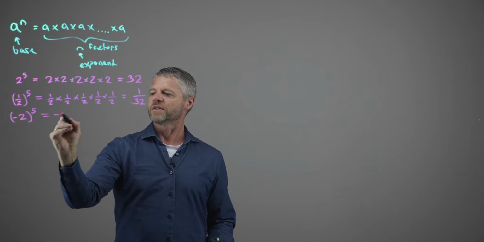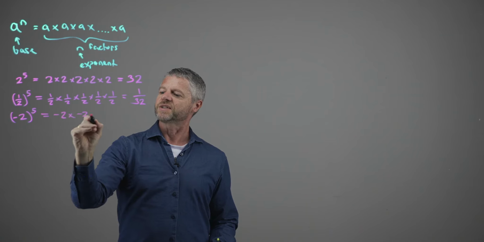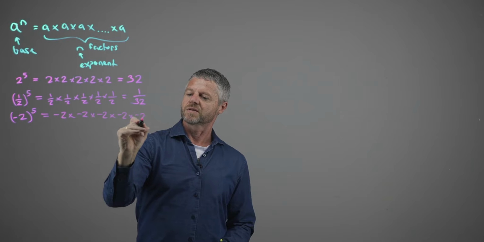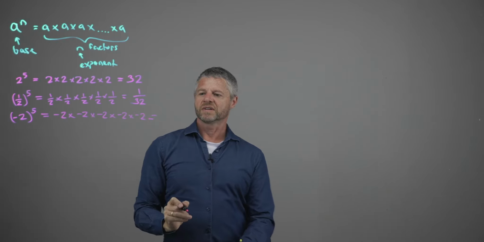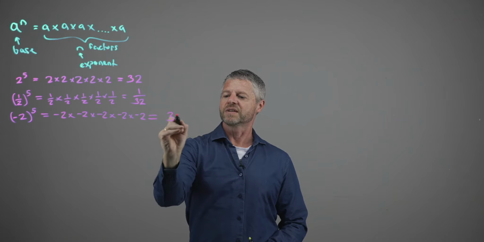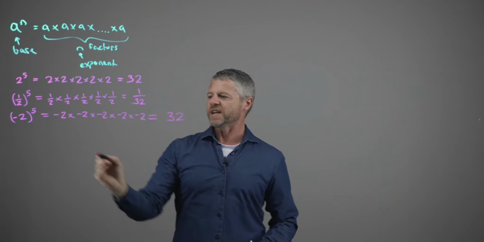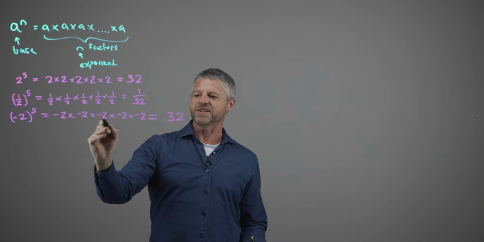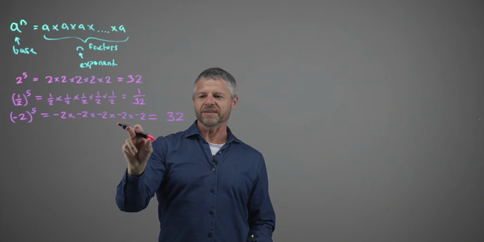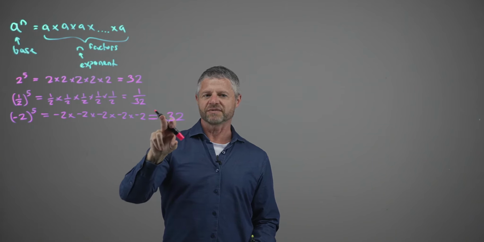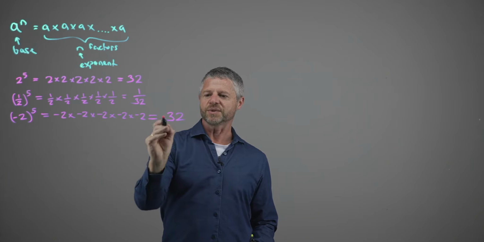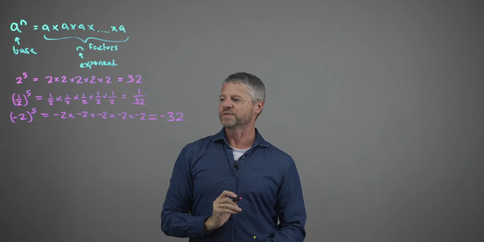So here we'll have minus 2 times minus 2 5 times. So the 2's, that will evaluate to 32 again. And then to figure out whether it's plus or minus, we have to figure out how many minuses we have. So if we have an even number of minuses, then we would have a positive result. But here we have an odd number of minuses. So we're going to have minus 32.